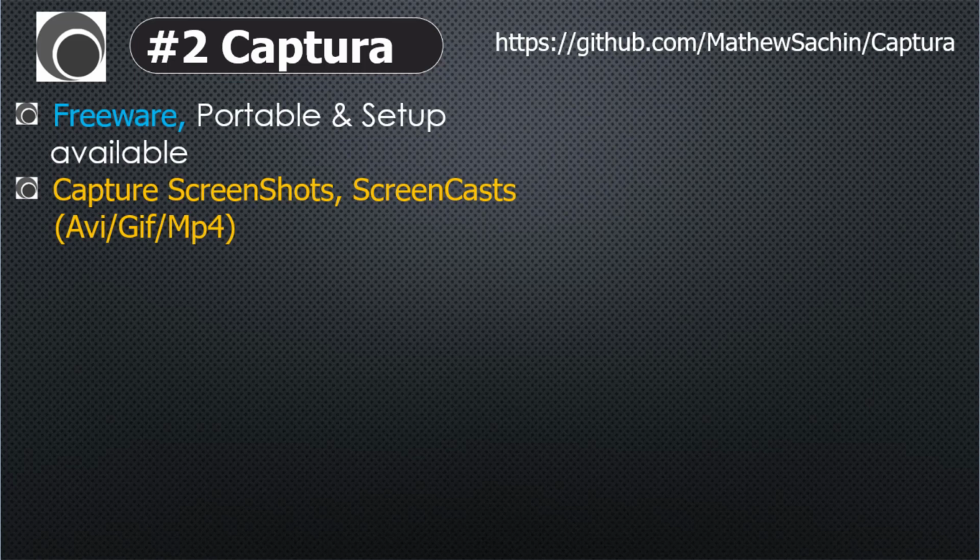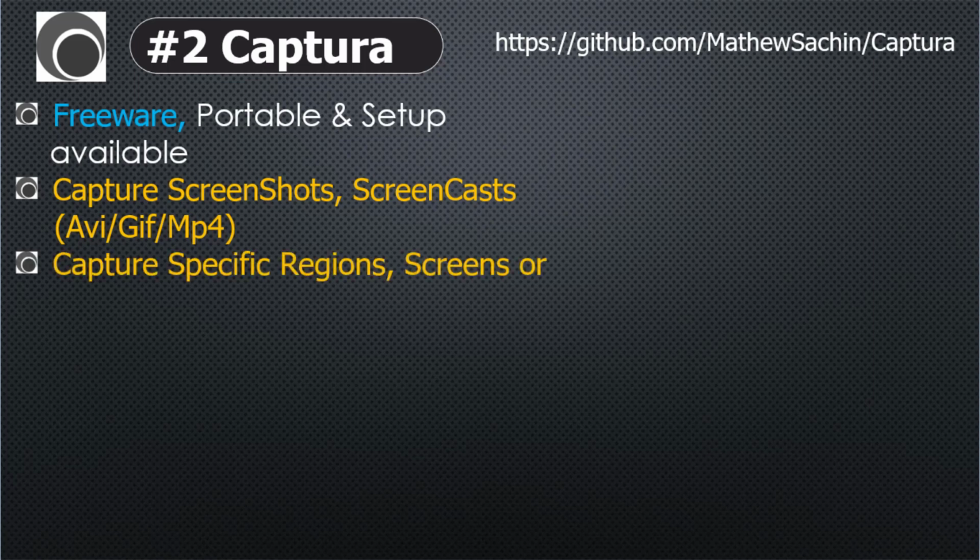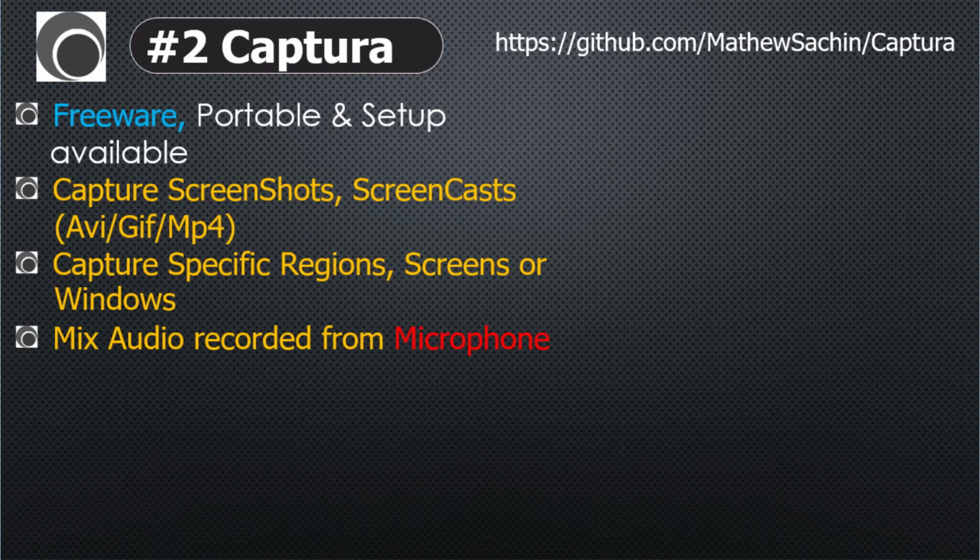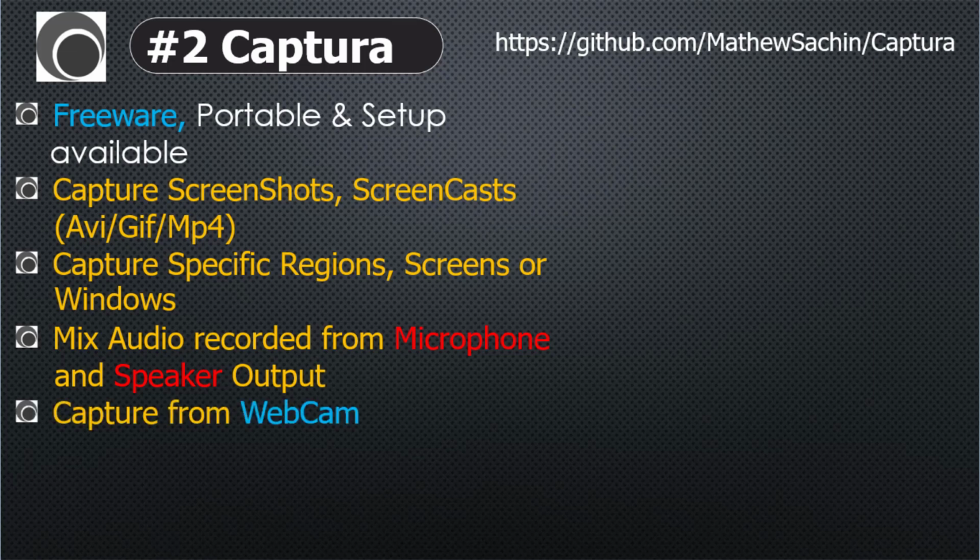Similarly to our previous software, this also captures screenshots and screencasts with multiple available formats. It can also record a specific region, screens or given windows. It also has the facility to mix the audio of the microphone and the speaker both, and to capture the webcam output.